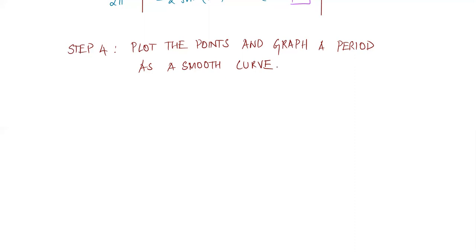So step 5 could be, let's say your angles, your x, must be from -pi to 3 pi. Then you are going to do step 4, which is graphing one period. And then if your period is within this limit, you're going to extend it so that it runs from -pi to 3 pi. Let's try and do that.